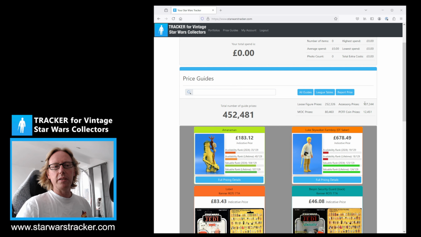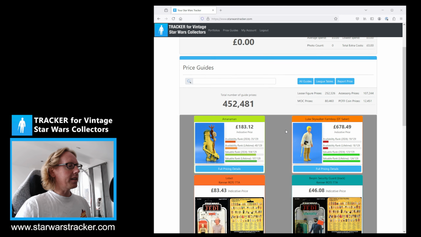Essentially anything that's not a loose figure or a carded figure or a Power of the Force coin. The coins get their own special price guide there. So a bit over 100,000 accessory prices, 80,000 carded figure prices, and a bit over 12,000 Power of the Force coin prices. That's the totality of the price guide at the moment.